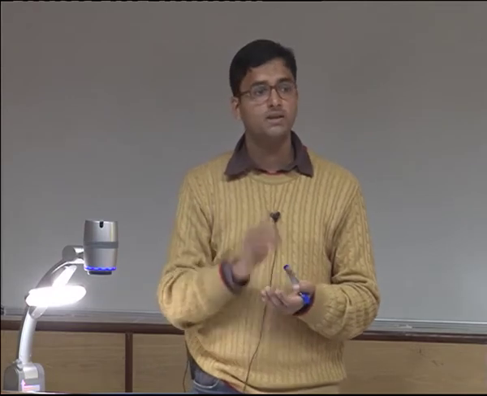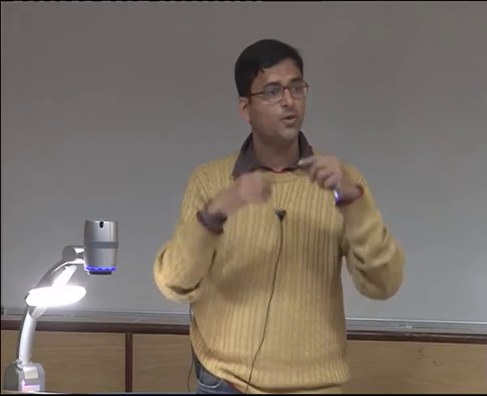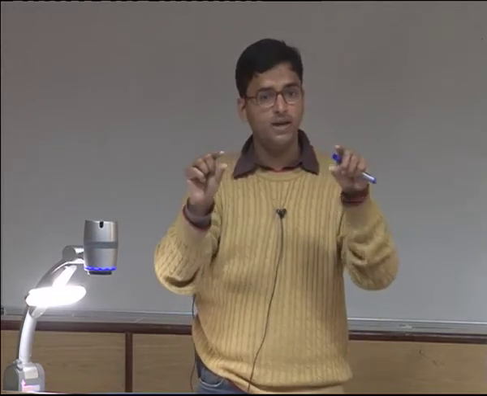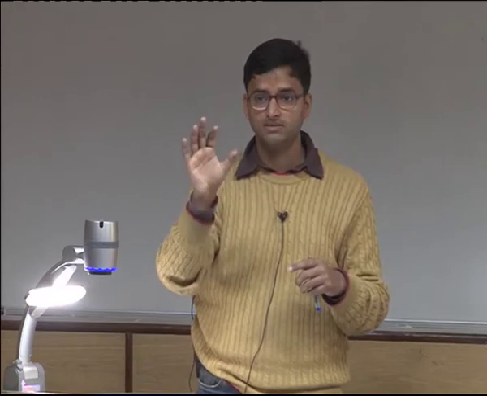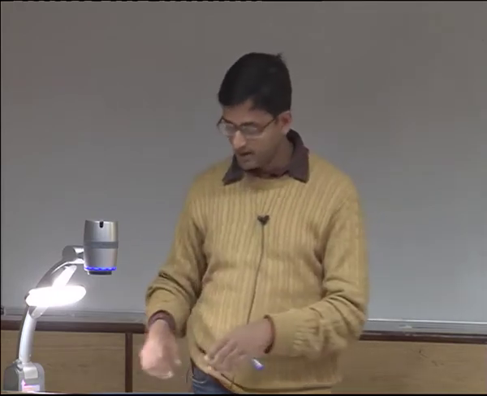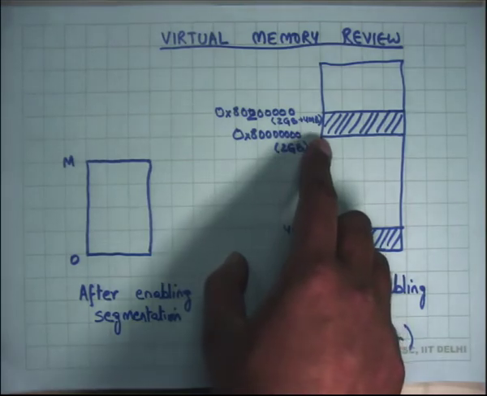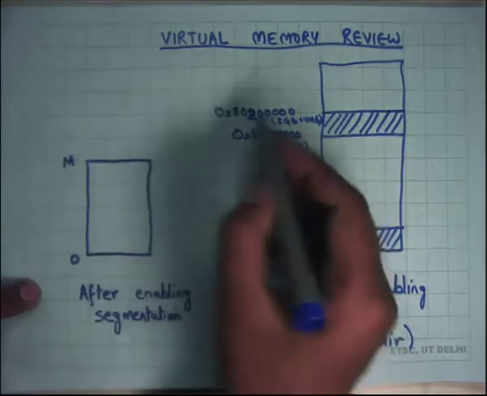Also recall that the kernel itself has been compiled with virtual addresses. So all the symbols inside the kernel image have virtual addresses associated with them. So if I say I want to branch to main, the address of main will be a virtual address, in the sense that it will be an address above 0x80000000, which is also called KERNBASE.